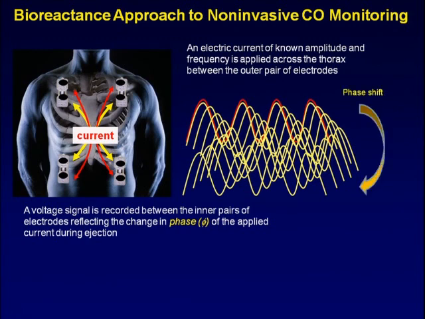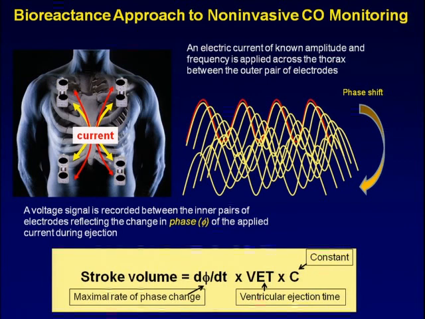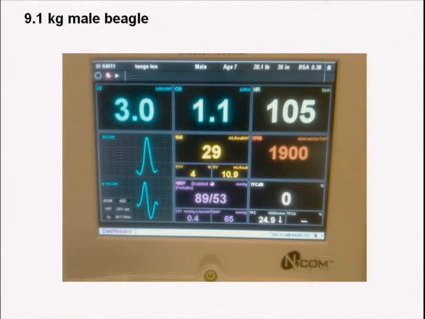We call this a phase shift. It is the maximal rate of this phase shift that is multiplied by the time over which ejection occurs and by the ever-present constant that allows for the calculation of stroke volume.